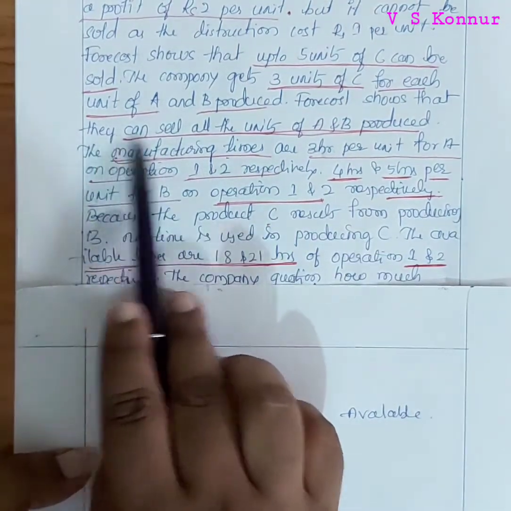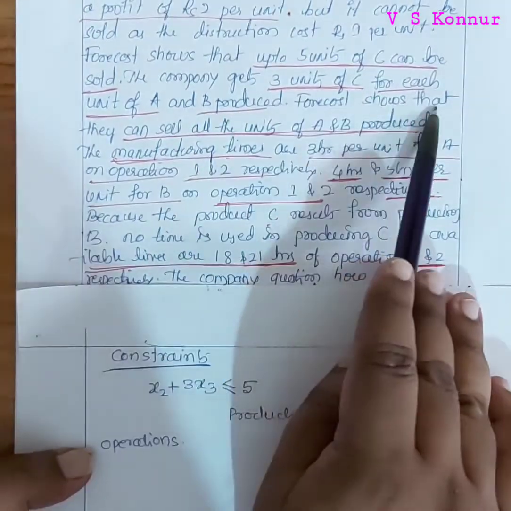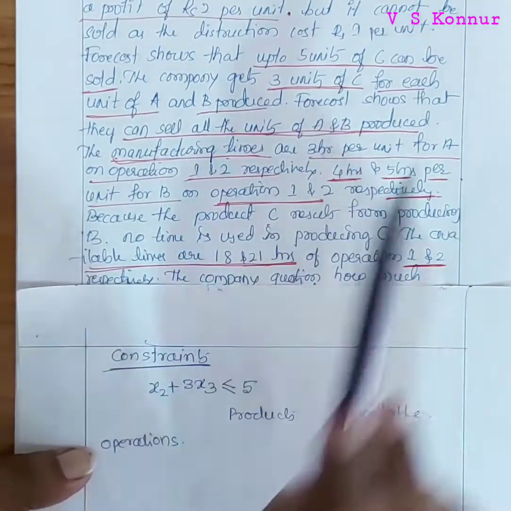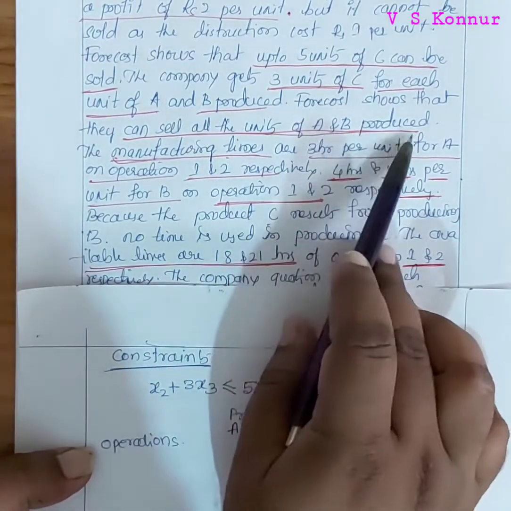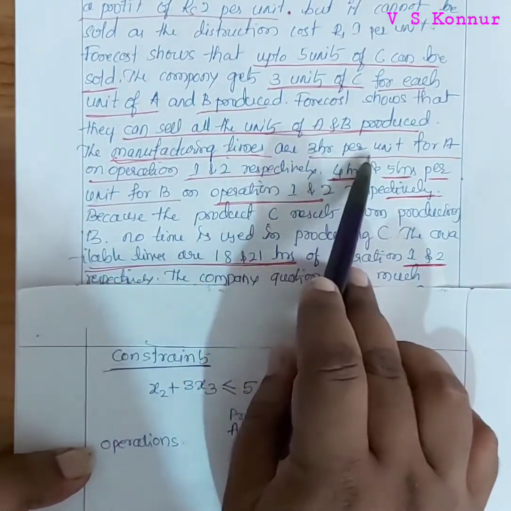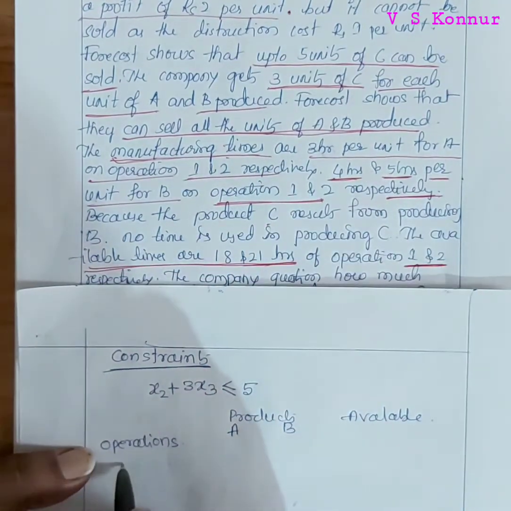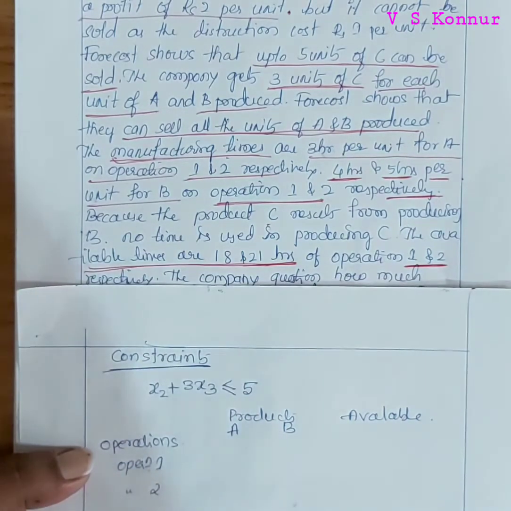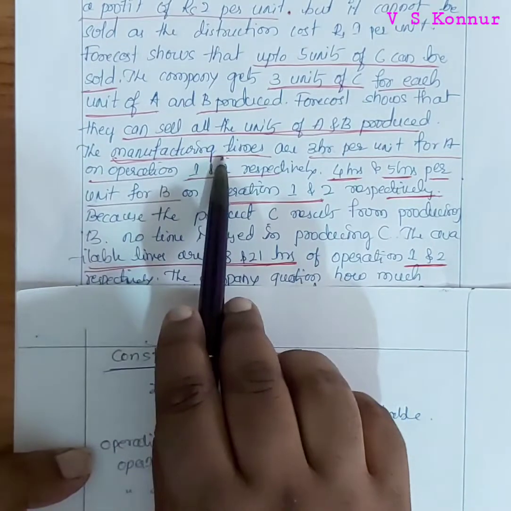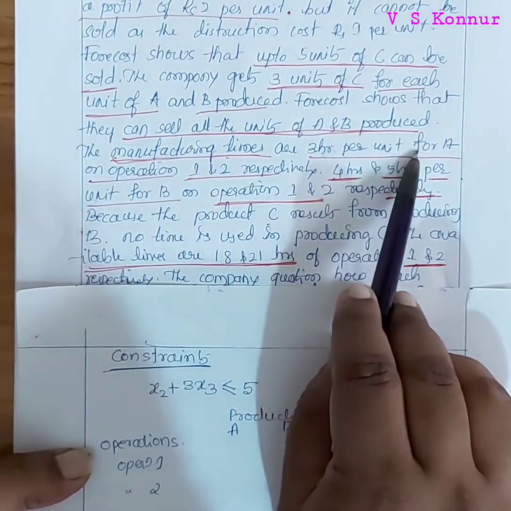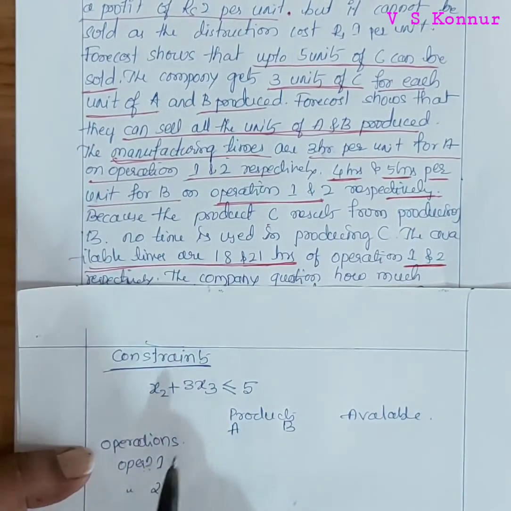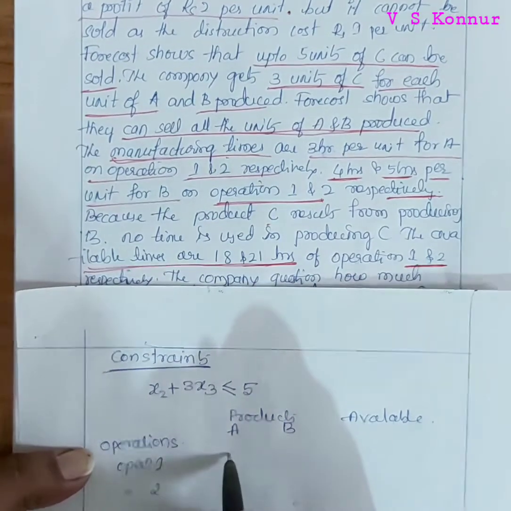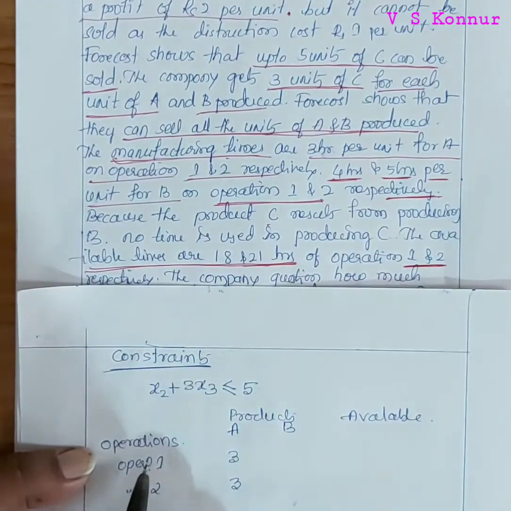We'll read this problem. The forecast shows that they can sell all the units of A and B produced. The manufacturing times are 3 hours per unit for A on operation 1 and operation 2, that is nothing but 3 hours for both operation 1 and 2.